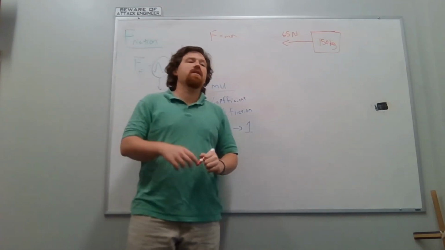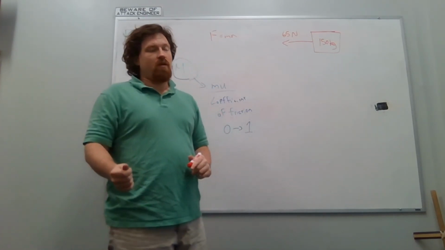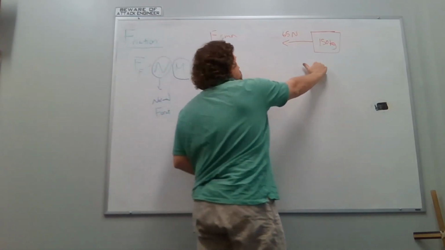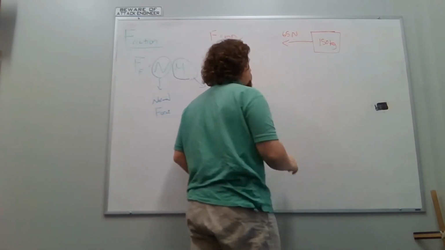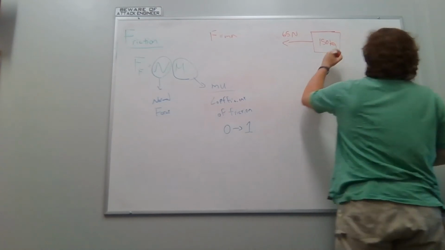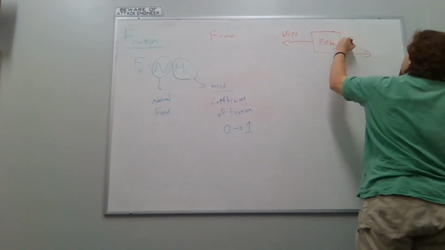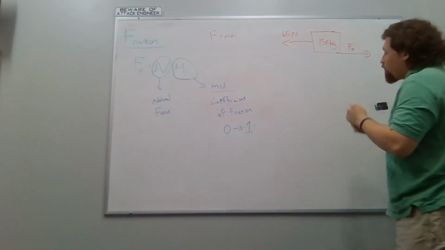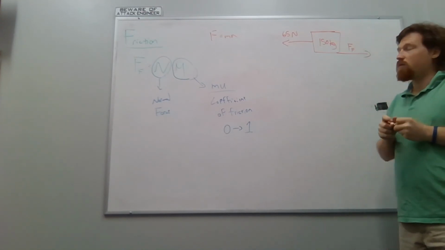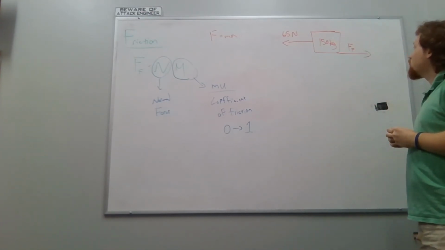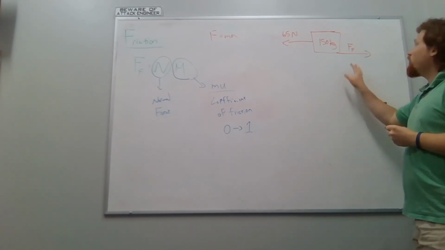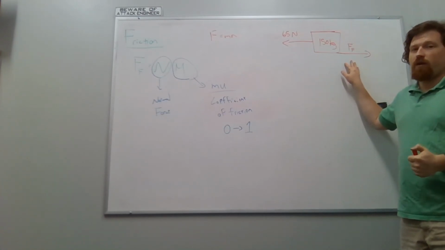And the reason is friction. The horse is pulling the buggy forwards, but friction between the buggy and the ground is pushing backwards. These two forces are opposing one another.